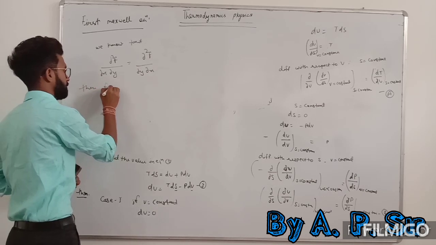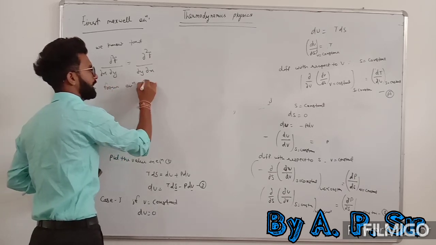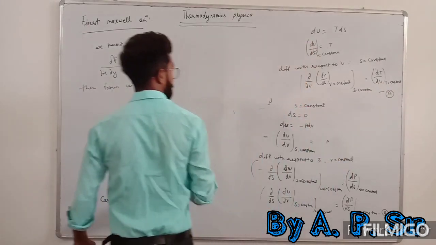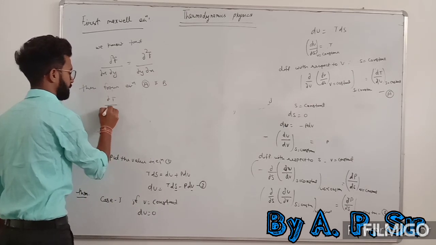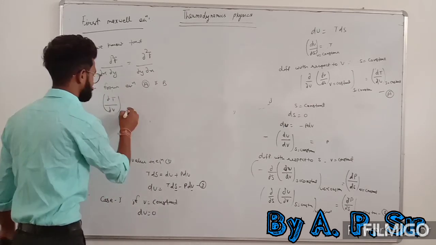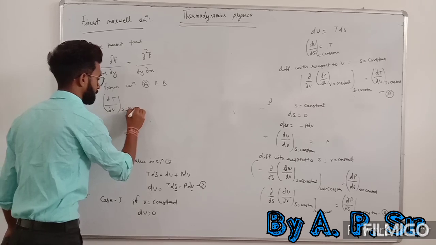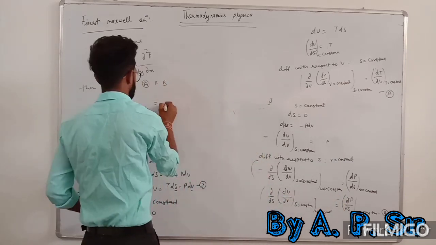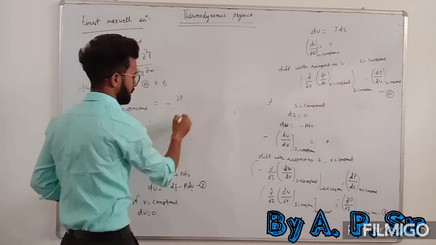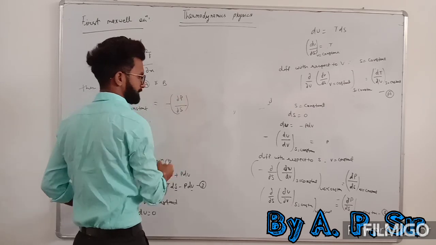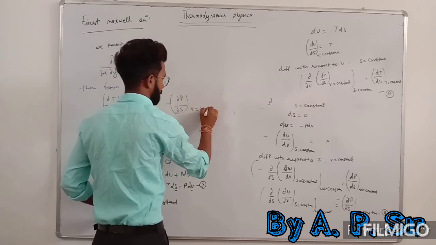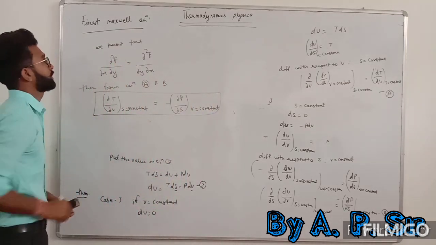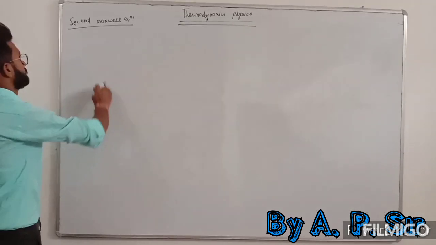Then from equations A and B, we get del T upon del V at S constant equals minus del P upon del S at V constant. This is called the first equation of Maxwell.